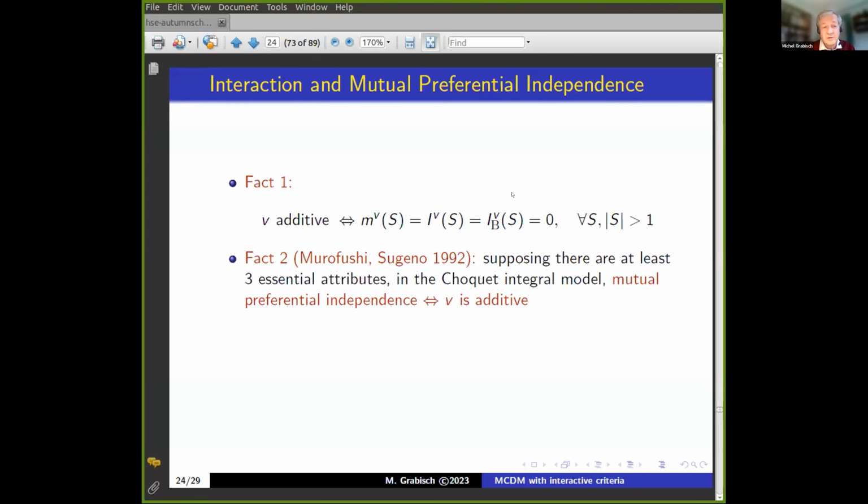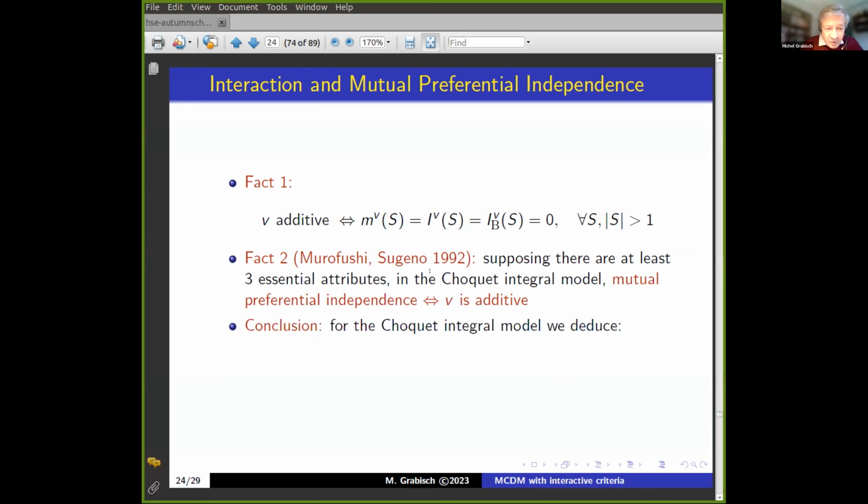And the second fact is the following. Supposing you have 3 attributes at least, then taking the Choquet integral model, mutual preferential independence is equivalent to the additivity of v, something we have intuitively understood, but this is proven by Murofushi and Sugeno.